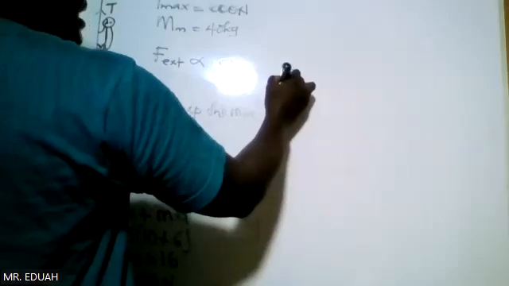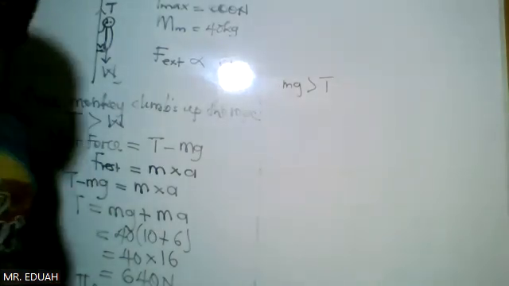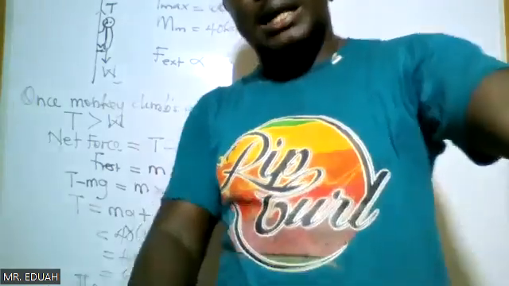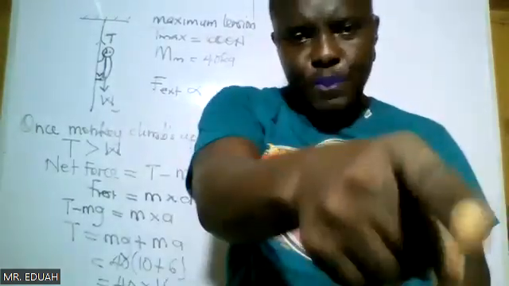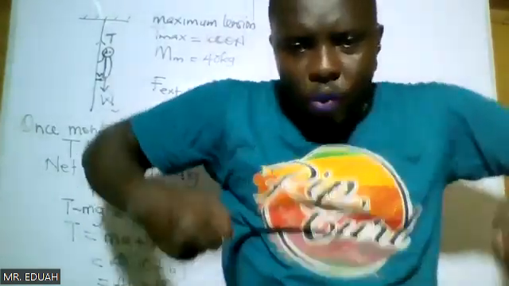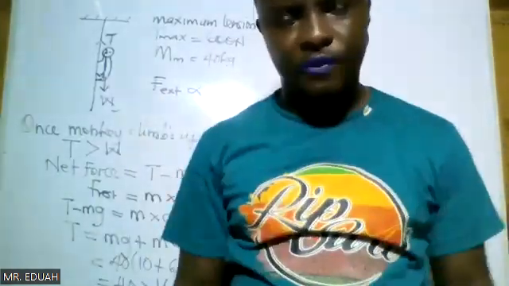If the weight is greater than the tension, the rope will tear straight away. It will not be able to climb. It is like when I tie a rope to a support and suspend you, and your weight is greater than the tension within the string, what will happen? It will just tear off.